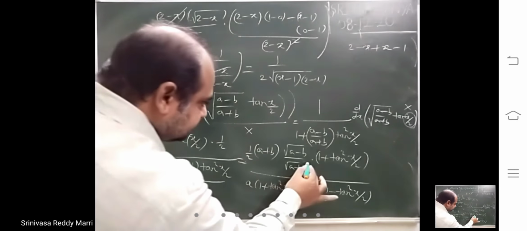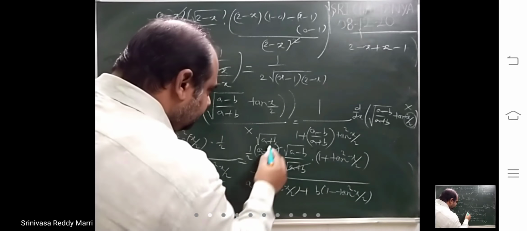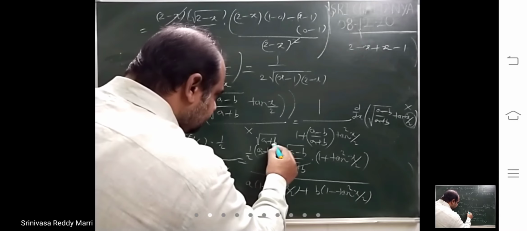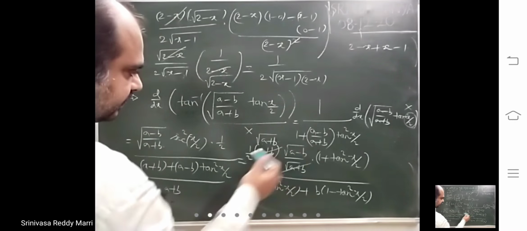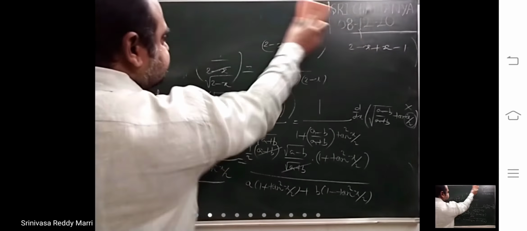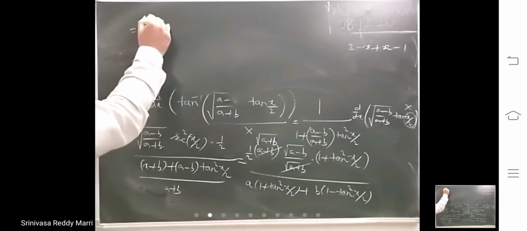So this root will give root of a plus b. Root of a plus b will come here. So this will become root of a plus b into root of a minus b, which is nothing but root of a square minus b square.